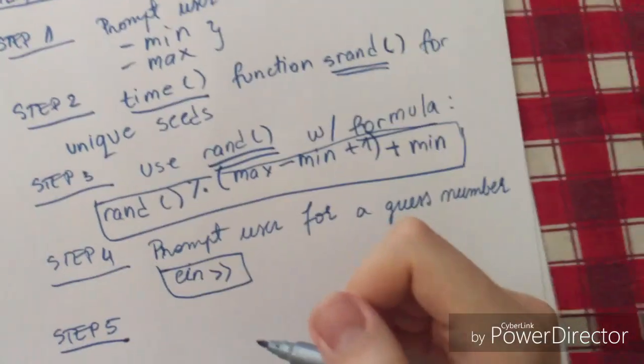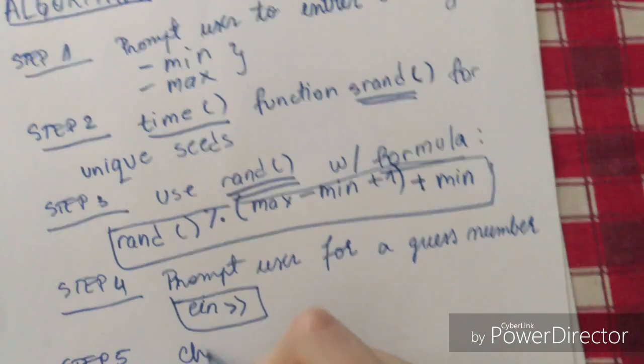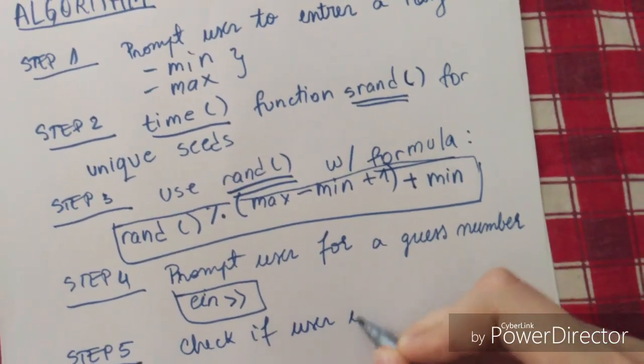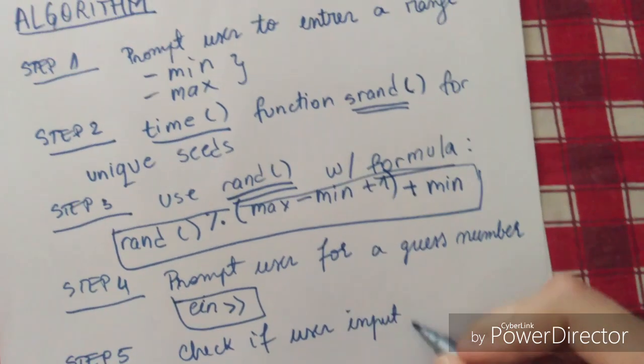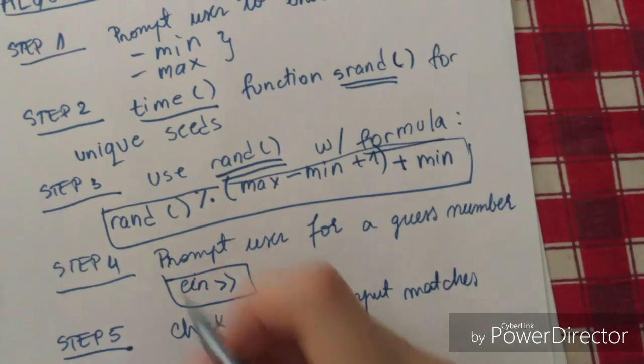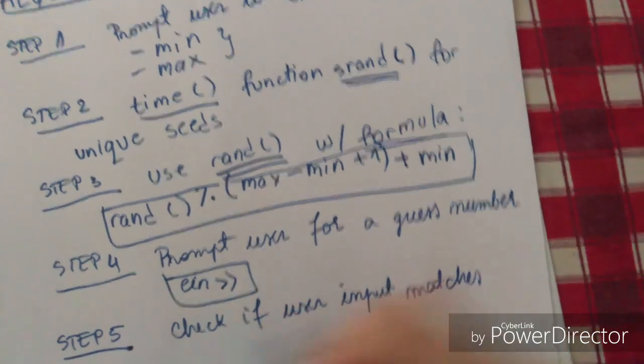For step number 5, we are going to check if user input matches the random number.